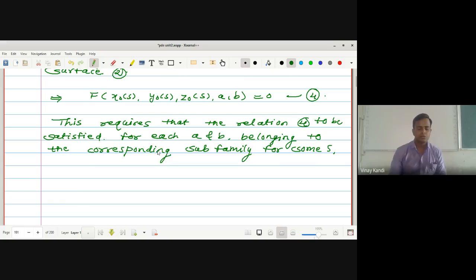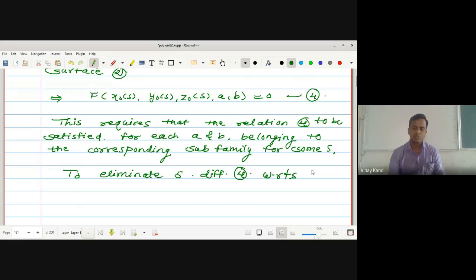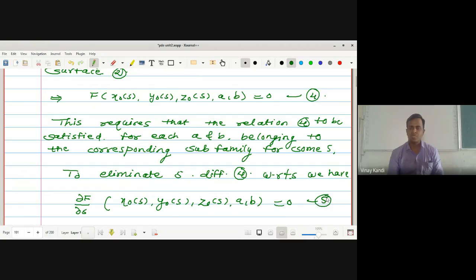So we have the partial derivative ∂f/∂s of f(x0(s), y0(s), z0(s), a, b), which is equal to 0. So this is equation number 5.